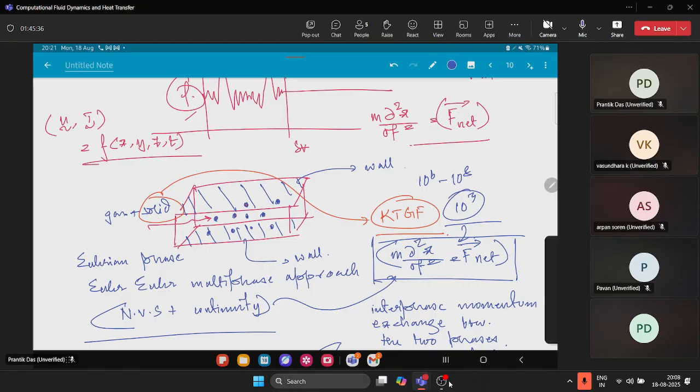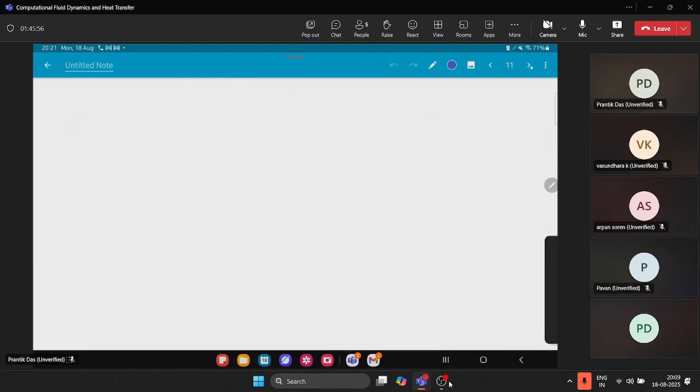Any other confusion you have? Otherwise, I will go ahead with the thing I was doing. The Thomas algorithm, those things I will do, and I may share the code with you.